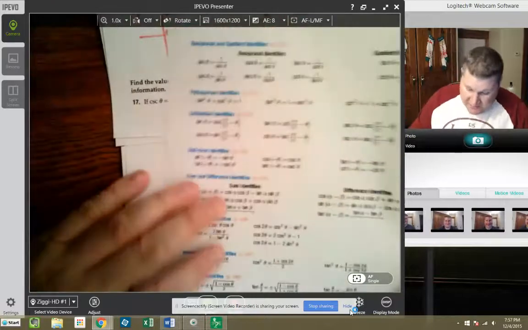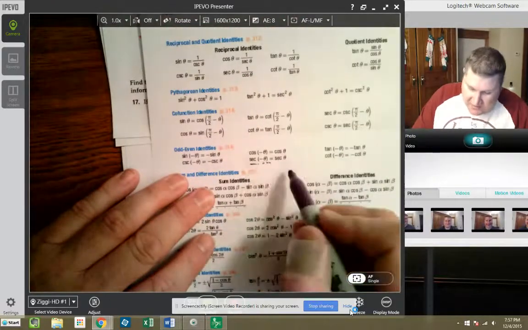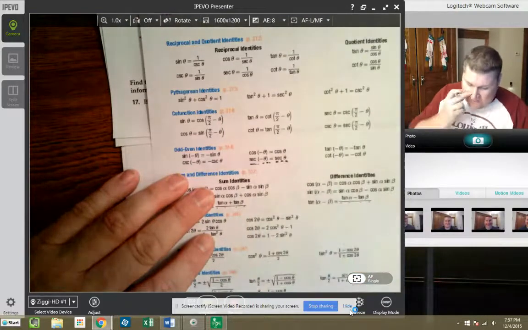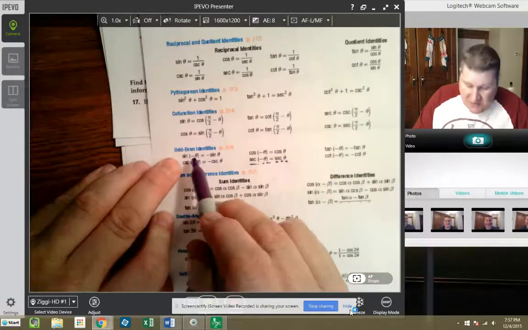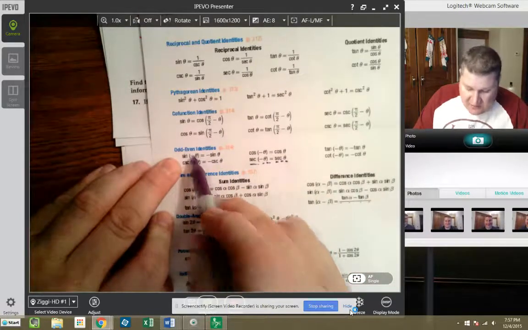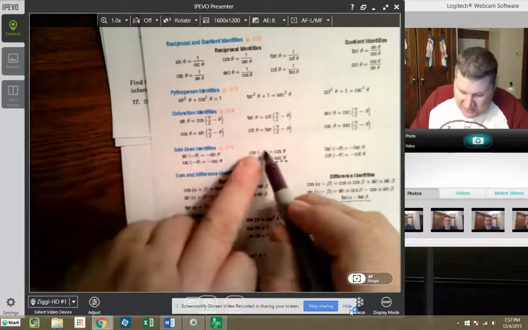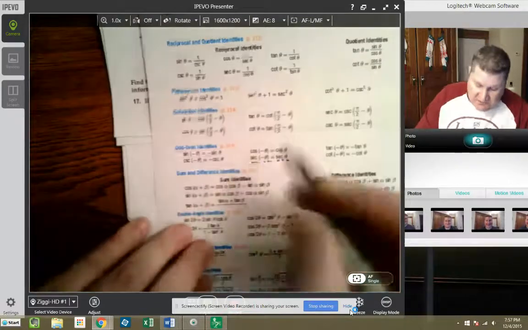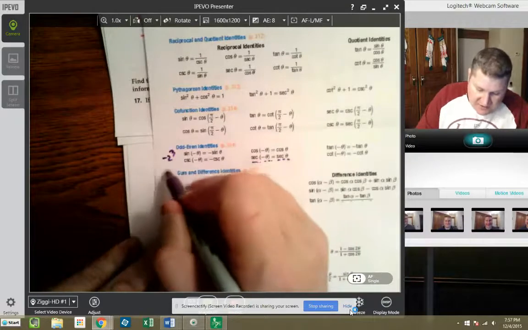So if I come over here and I say, ooh, secant with a negative inside is the same thing as secant with no negative. So the basis of odd-even functions: in an odd function, the negative that's inside comes out to the front. And in an even function, the negative that's inside just goes away. Just like if I have negative 2 cubed, that's an odd function, I get negative 8.